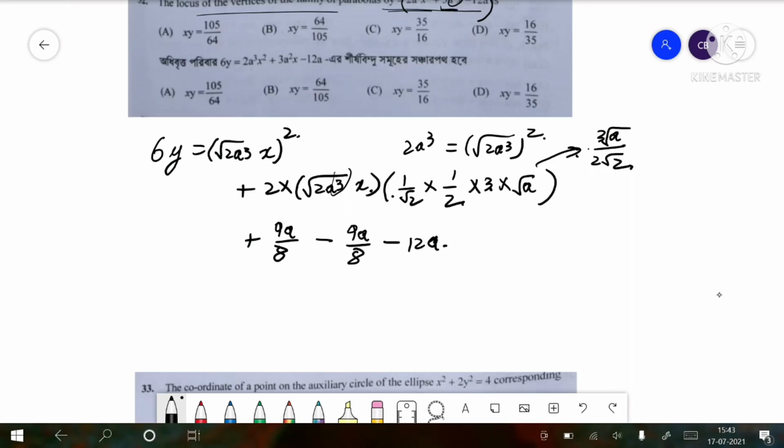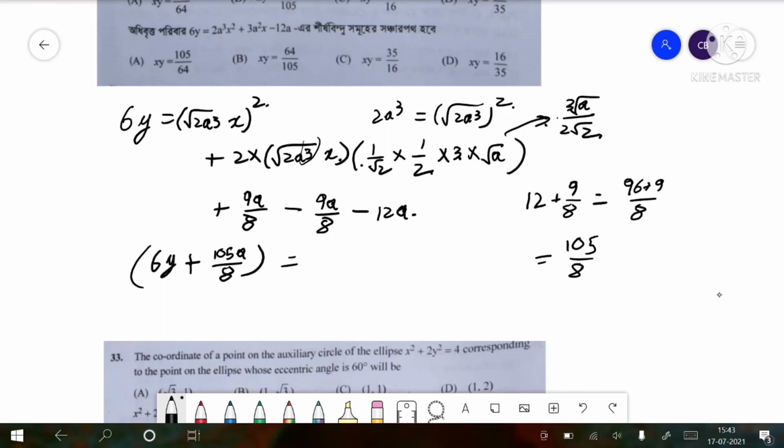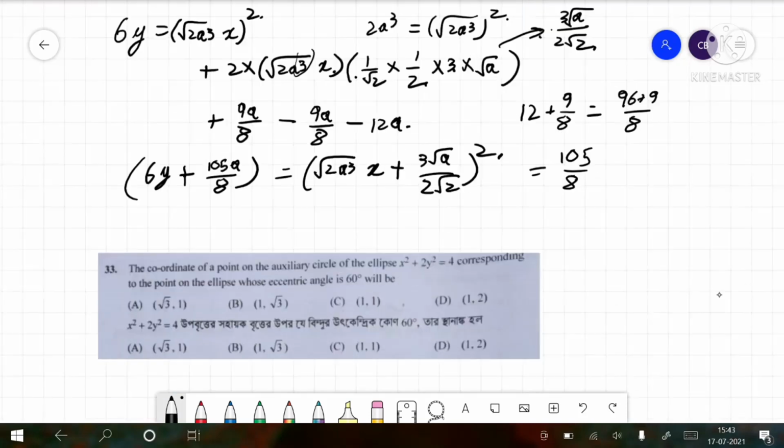So in this case we see that 6y plus 12 plus 9 by 8 is equal to 8 times 12, which is 80 plus 16, that is 96, plus 9 by 8, which is 105 by 8. So 6y plus 105a by 8 is equal to root over 2a cube times x plus 3 root a by 2 root 2 whole square.